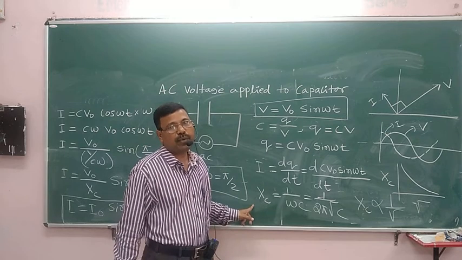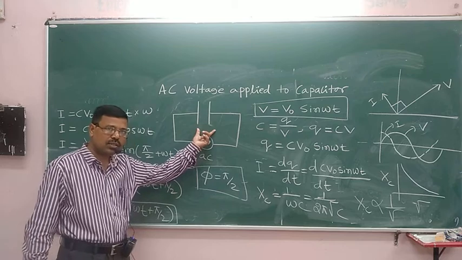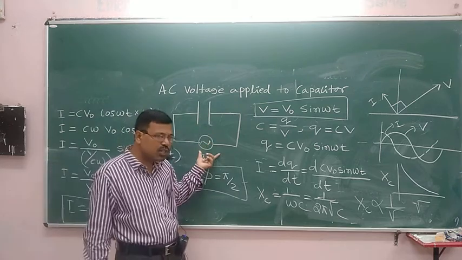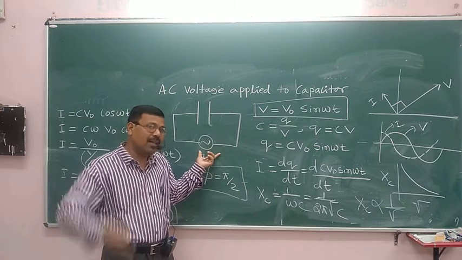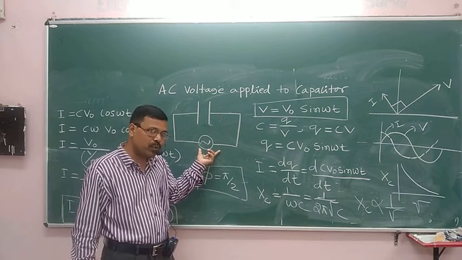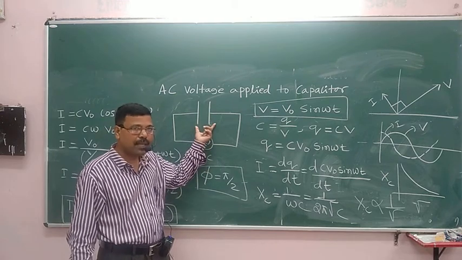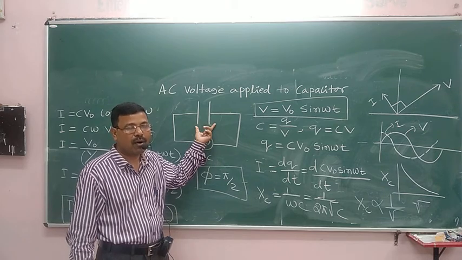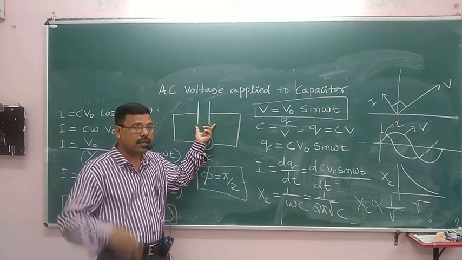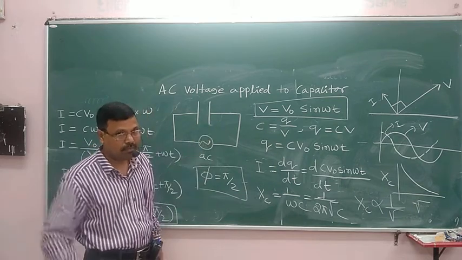In CBSE they always ask what happens to the capacitive reactance when the frequency of the applied voltage doubles. Then the capacitive reactance becomes half of the original value.